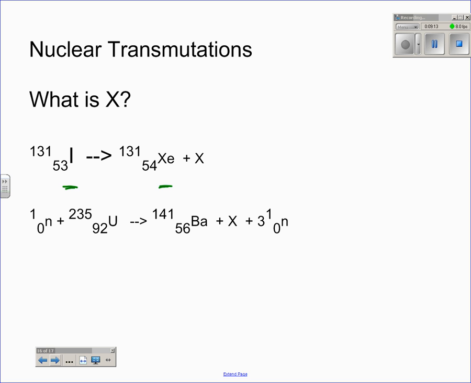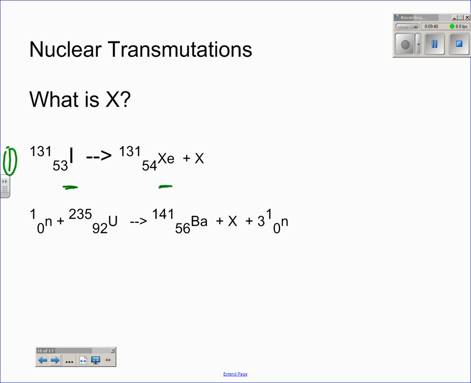This first problem, right here, I'm going to put a 1 next to it. That is a natural transmutation because you have one element that decays naturally into another element, and then some type of particle or radiation is given off.